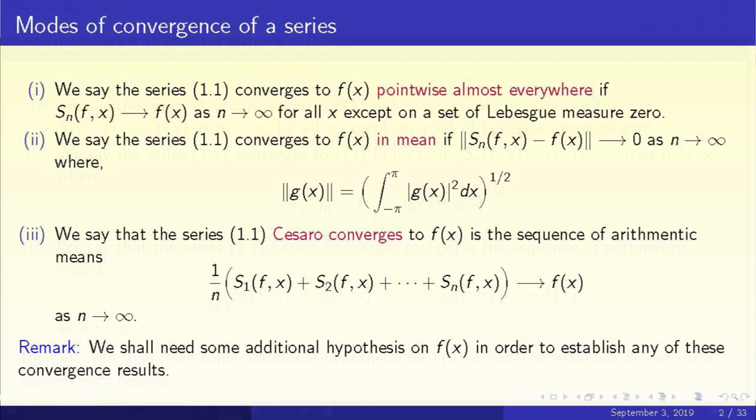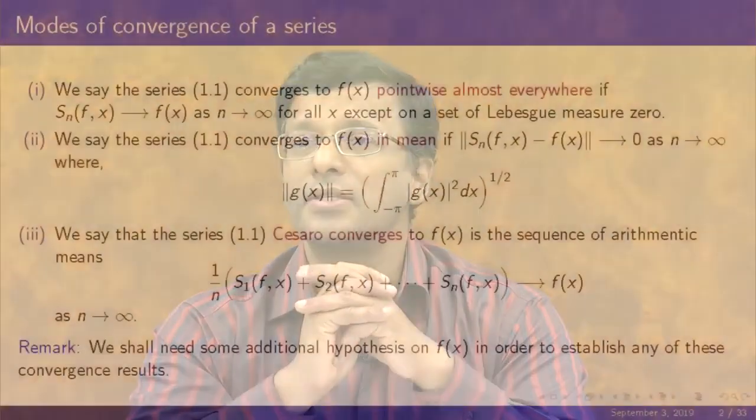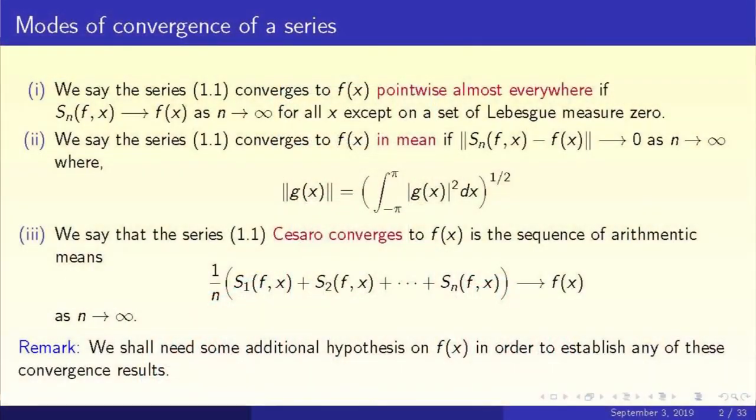Instead of demanding that the sequence of partial sums converges pointwise, what we ask is that the arithmetic means of this sequence, 1 upon n of S1 plus S2 plus up to Sn, converge to f of x pointwise. This is called Cesaro convergence or Cesaro summability. So the third mode of convergence is to demand Cesaro summability of the sequence of partial sums to f.